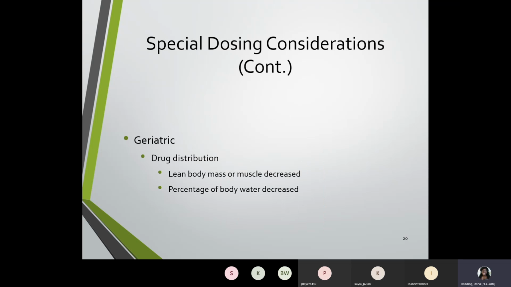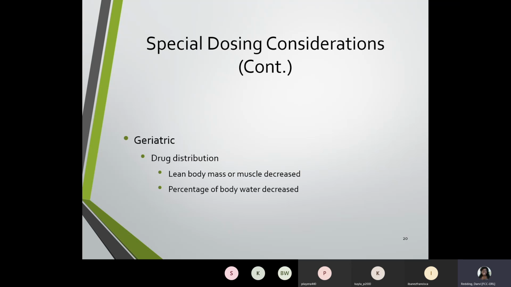So in regards to the special dosing considerations for the geriatric population, it's important to determine the best drug distribution, because lean body mass or the muscle is decreased, and then also the percentage of body water is also decreased.